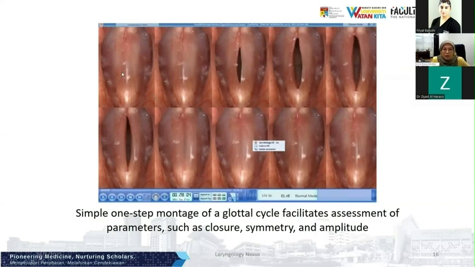Because in 10 frames, 1, 2, 3, 4, 5, 6, 7, 8, 9, 10, only 4 frames show open phase. In that way, the patient can have a long maximum phonation time because the air from the subglottic pressure is released bit by bit in a short duration. So this is what we call a normal phase closure.